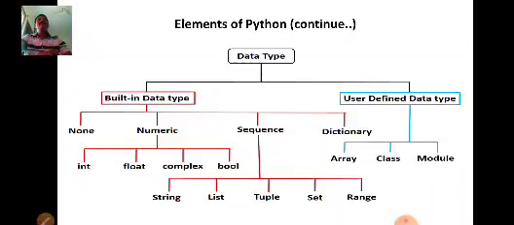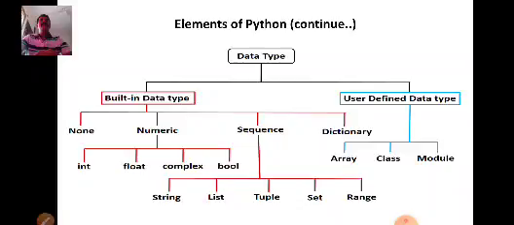Here the data types are represented diagrammatically: built-in data types and user defined data types. Under built-in data types, it contains None, numeric, sequence and dictionary. Under numeric, the data types are integer, float, complex and bool.